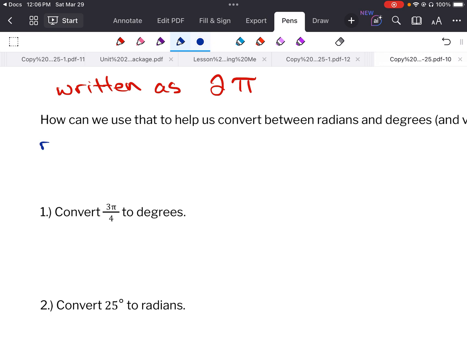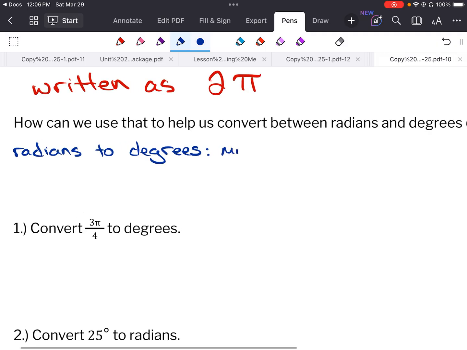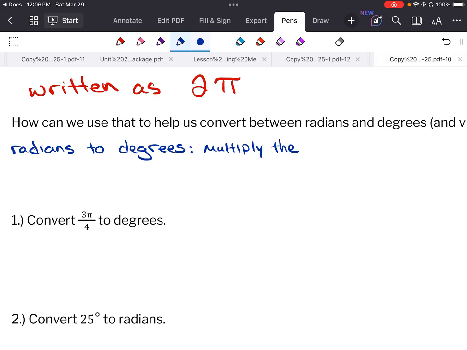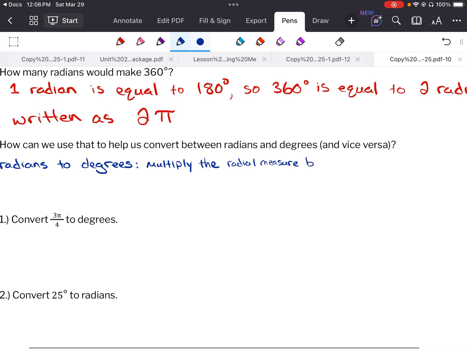So if we're going radians to degrees, you will multiply the radian measure by 180, then divide by pi.